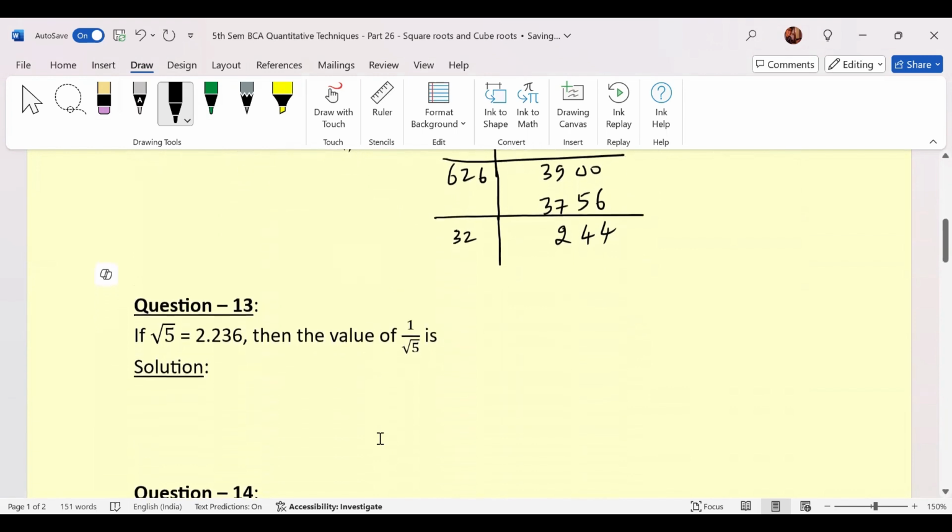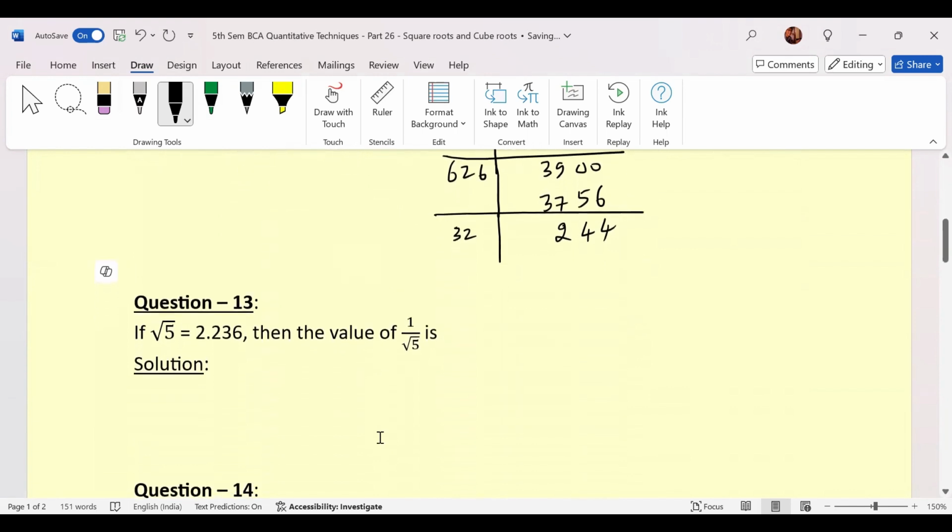Next question. If square root of 5 is 2.236, then find the value of 1 divided by square root of 5. So we can rewrite this as 1 by root 5.